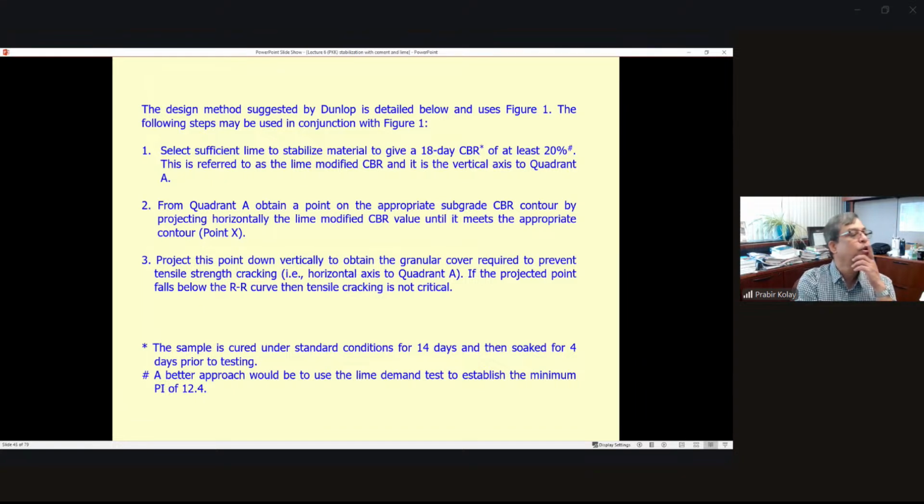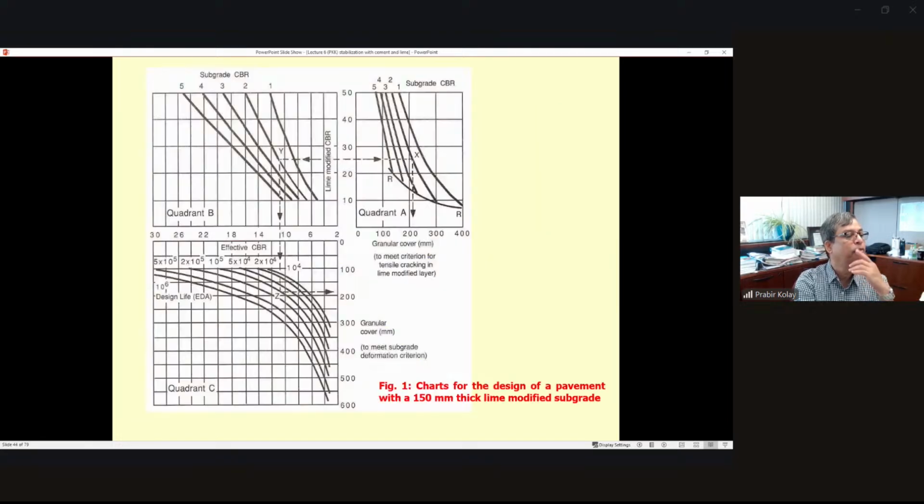The first thing I need to do is select a sufficient lime stabilizer to give an 18 days CBR of at least 25%. Then from quadrant A, you find out the CBR of the modified layer. First check in quadrant A how much cover you need and how much the subgrade value is.